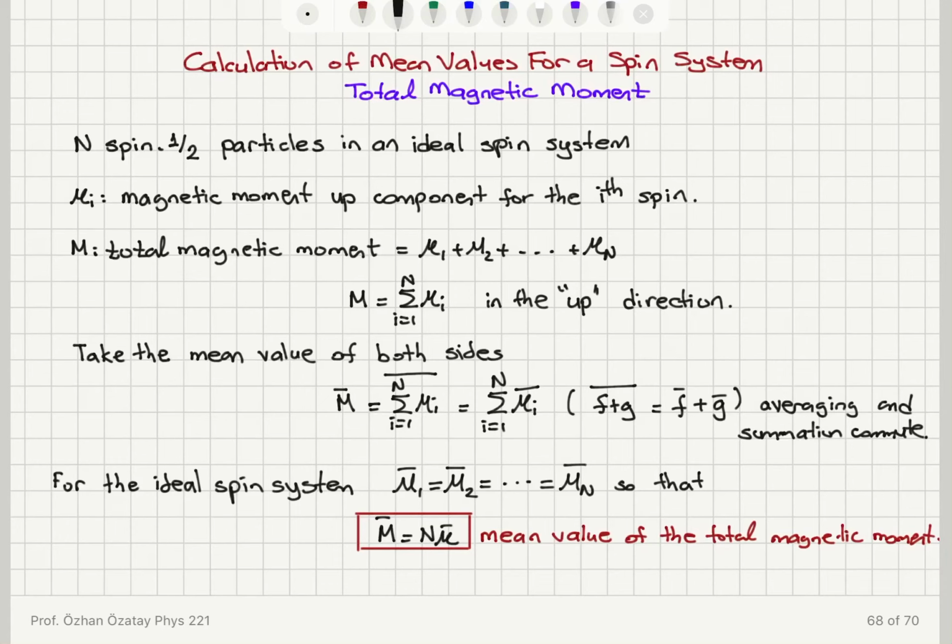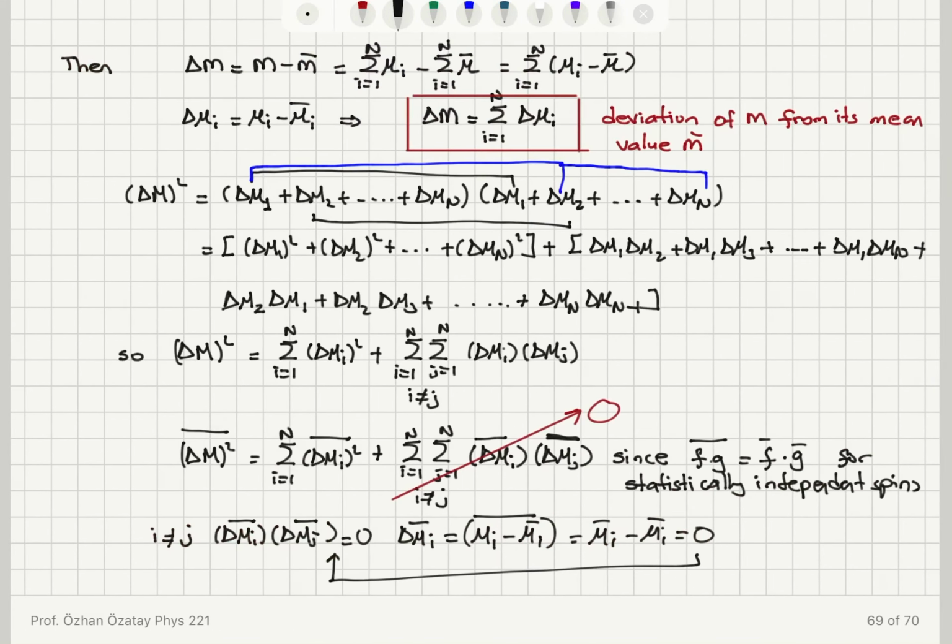The average moment value is the same. Now, if I calculate the deviation of the total magnetic moment from its mean value, I will have basically the summation over all the deviations of the ith magnetic moments from their mean values.